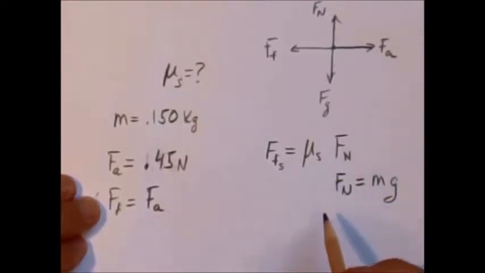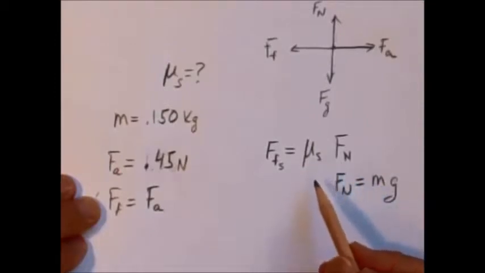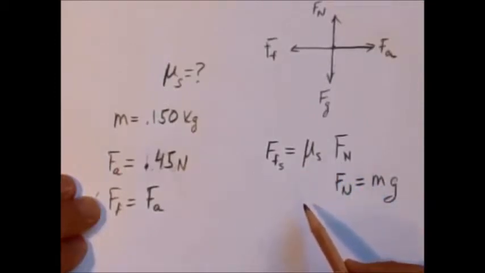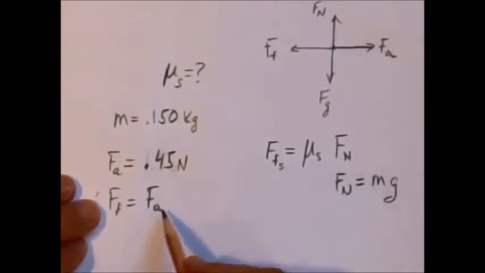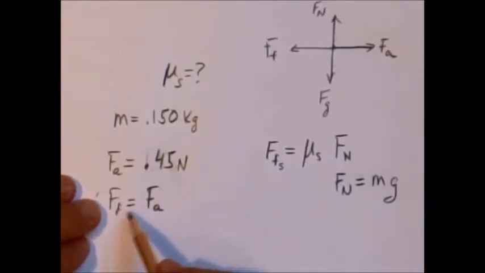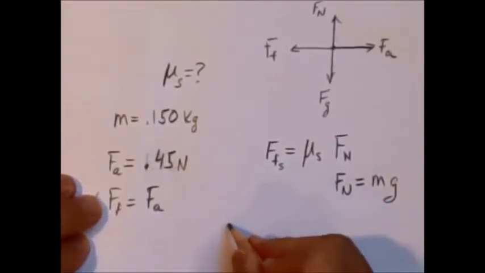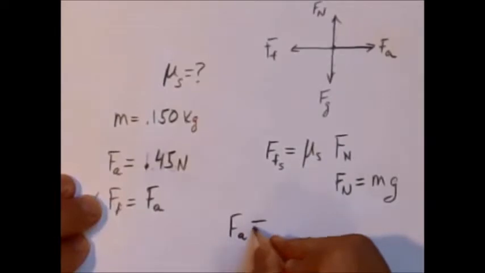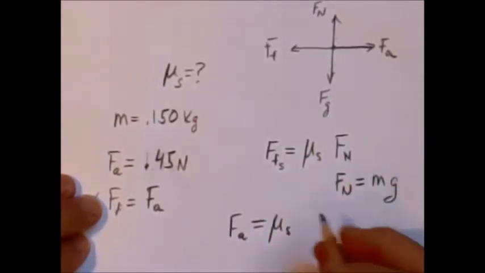I know it feels like I'm kind of all scattered out through here, but I think that we have everything that we need to solve for. So first of all, I want to substitute F_a for F_f. So F_a now is equal to mu sub s, and then I want to substitute mg for F_n.